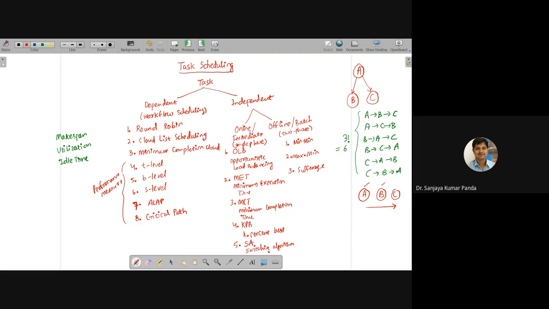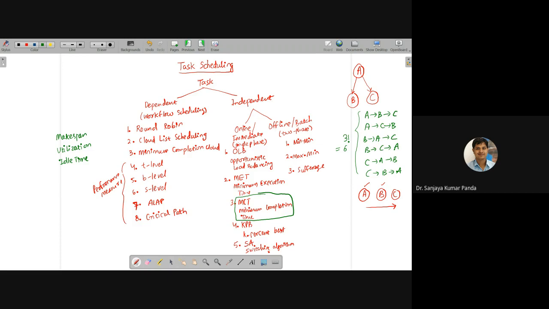All these algorithms contribute in terms of choosing a particular machine. In offline algorithms, you have to focus on choosing a machine as well as ordering the tasks. Okay. And if you look into the simulation results, I'll show you later, you will find that the MCT algorithm is one of the best algorithms among all these online algorithms.